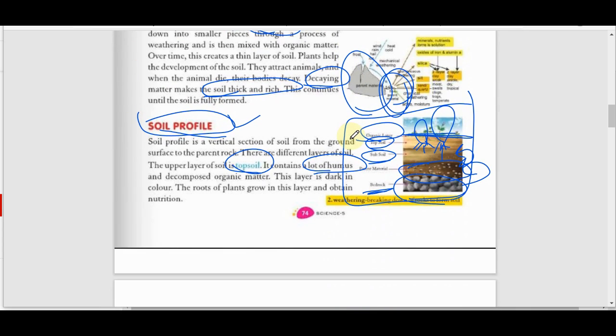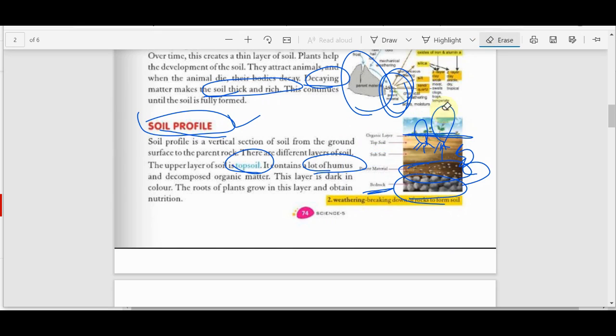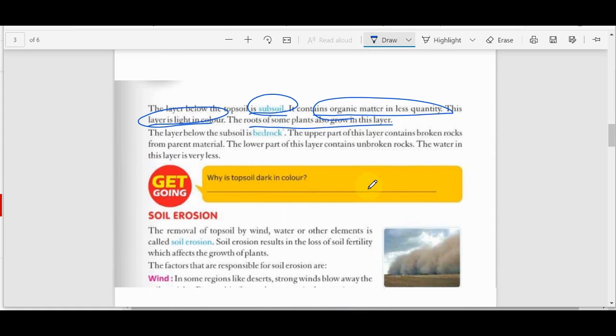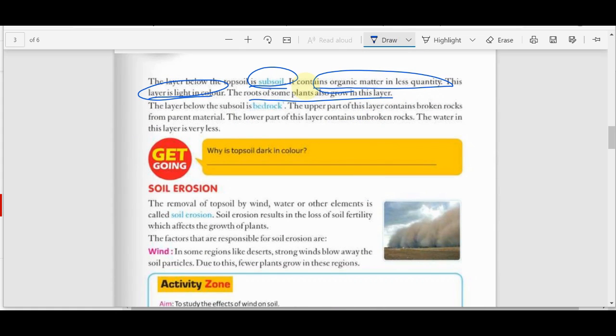So we can say those plants which are very long, definitely their roots will also grow deep inside the soil. In these conditions the roots will be generally grown in the subsoil layer.